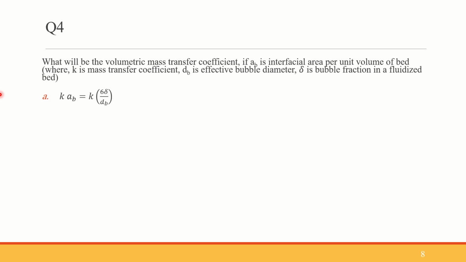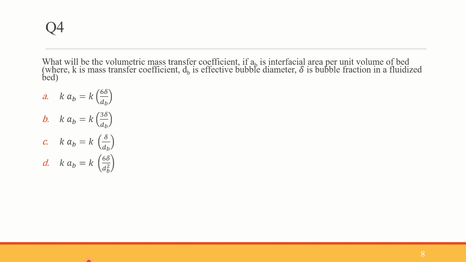The options are: option A, K AB is equal to K into 6 gamma by dB; option B, K AB is equal to K into 3 gamma by dB; option C, K AB is equal to K into gamma by dB; and option D, K AB is equal to K into 6 gamma by dB square.